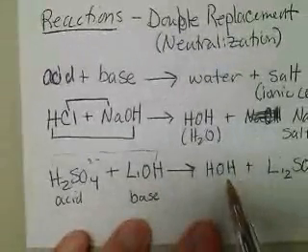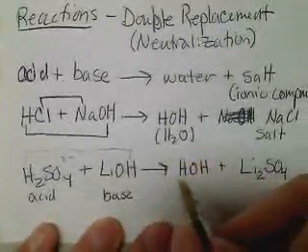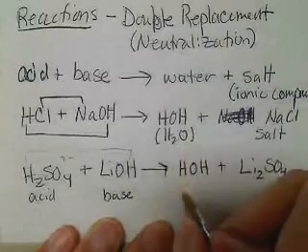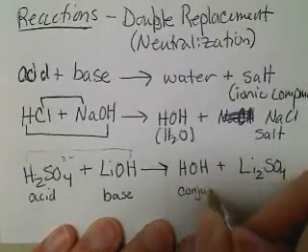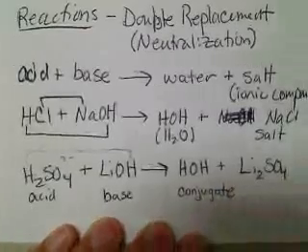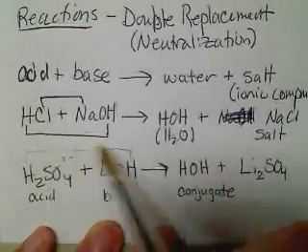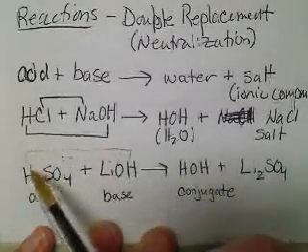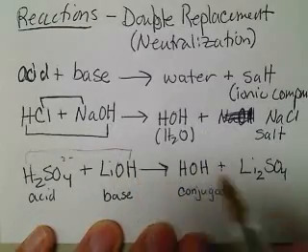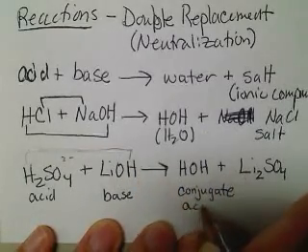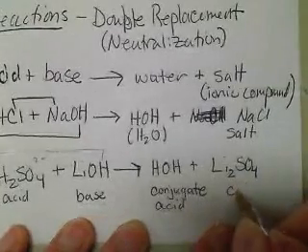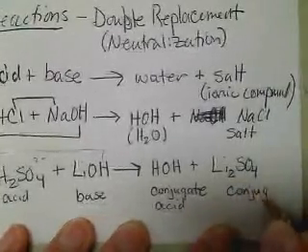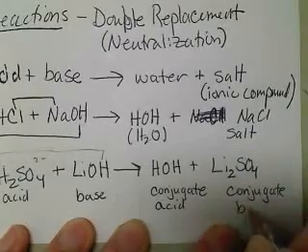So this is going to be my conjugate. This picked up, we said that the OH minus picked up this proton. So this was the base, and now becomes my conjugate acid. Okay. And over here we have our conjugate base.